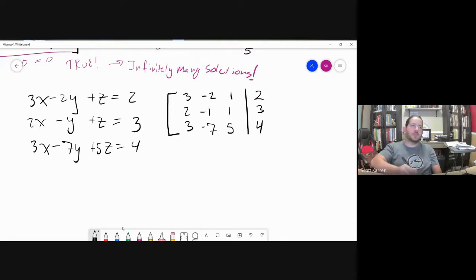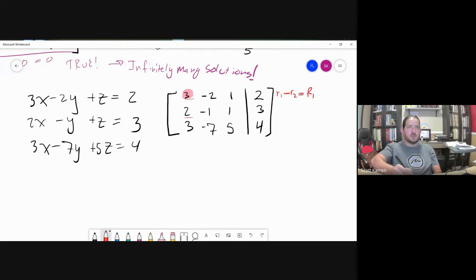Right? All right, so the first thing that I want is to get a 1 in this position, right? I can't swap rows because there's no 1 hanging out there, but I can simply take row 1 minus row 2, because 3 minus 2 gives me 1.